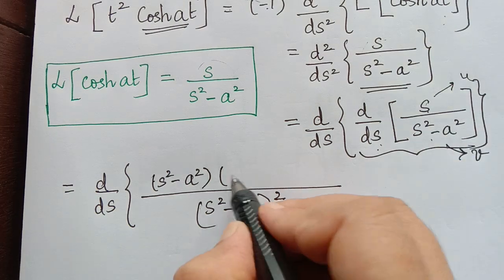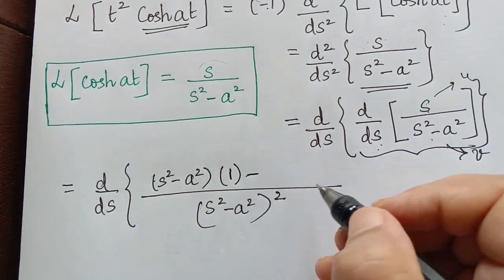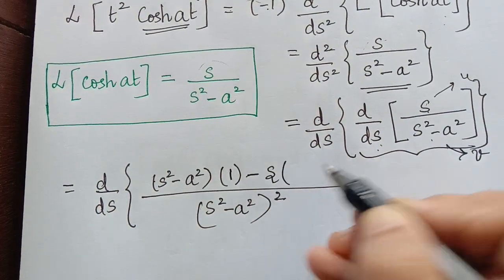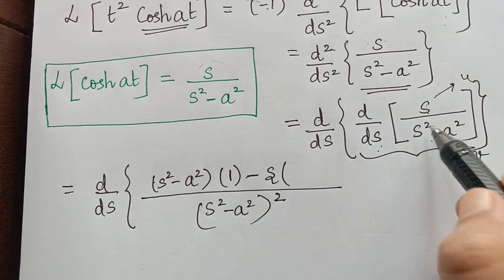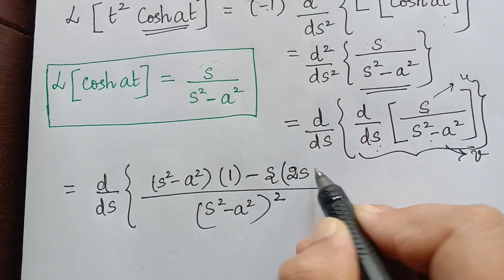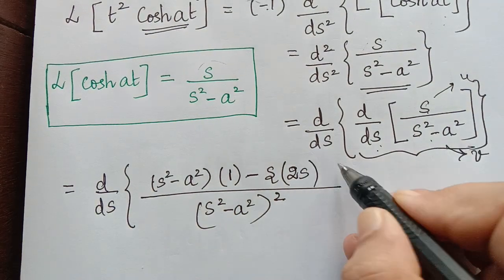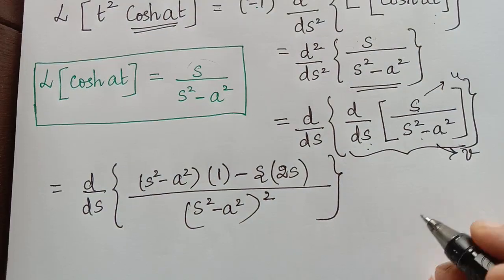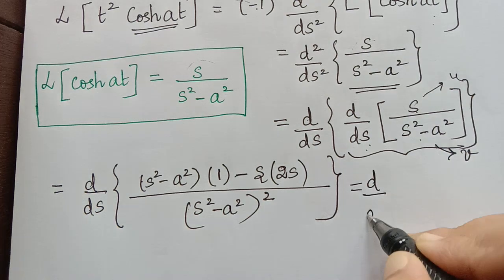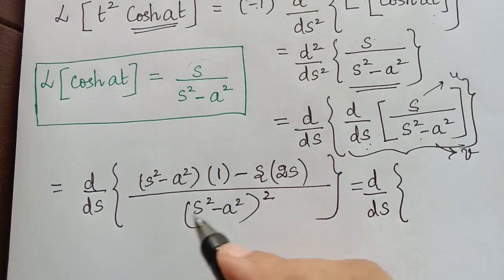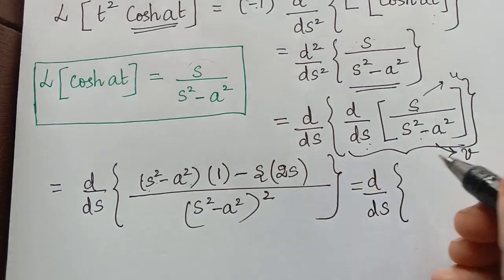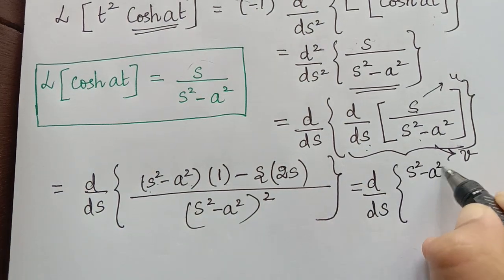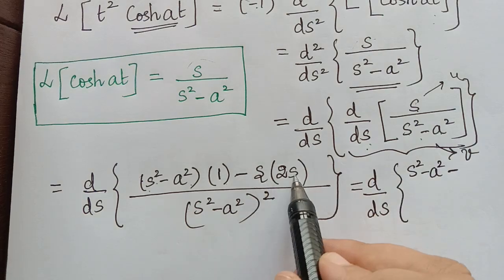The differentiation of s is 1, minus u multiplied with v dash. V dash is the differentiation of the denominator. So differentiation of s square is 2s and minus a square will become 0 because it's a constant. So this will be equal to d by ds of, so in the bracket we will be having s square minus a square minus, so s square minus a square minus s into s is s square.